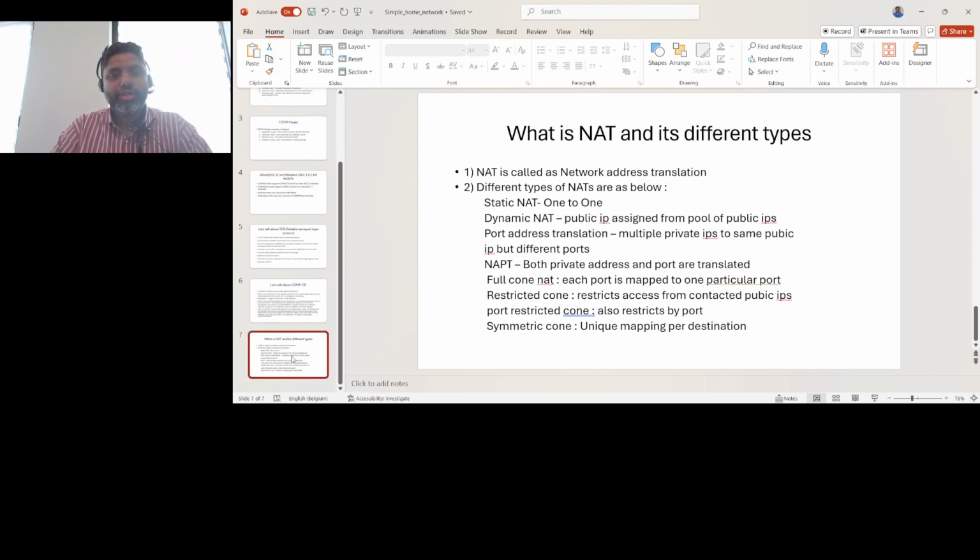Now the other question is, what are the different types of NATs that we have? The first one is static NAT, where we have a single private IP address and a one-to-one mapping with the public IP address. Then what is the difference, right?